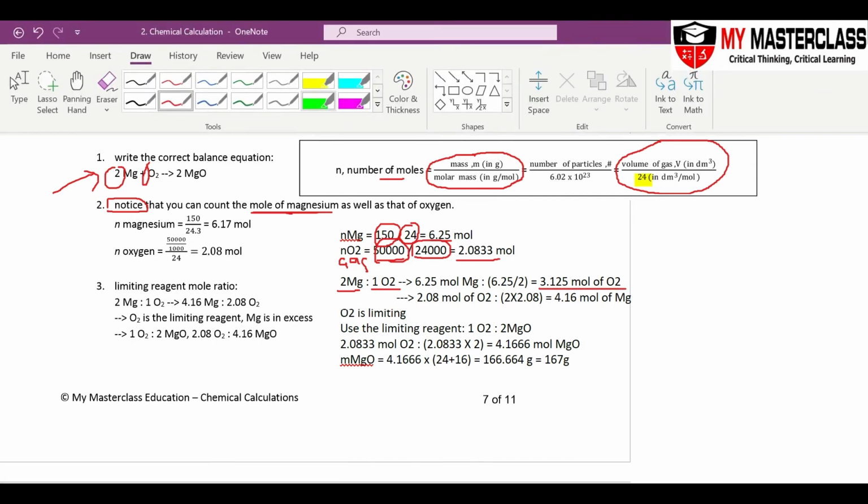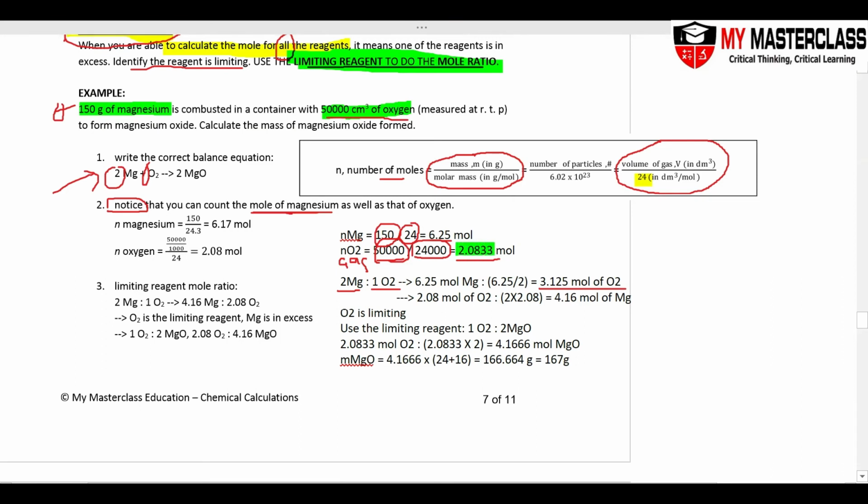But in reality, I only have 2.083 moles of oxygen. What does it mean? It means that oxygen is the limiting reagent, because there is not enough oxygen. It should react with 3.125, but I only have 2.0833.